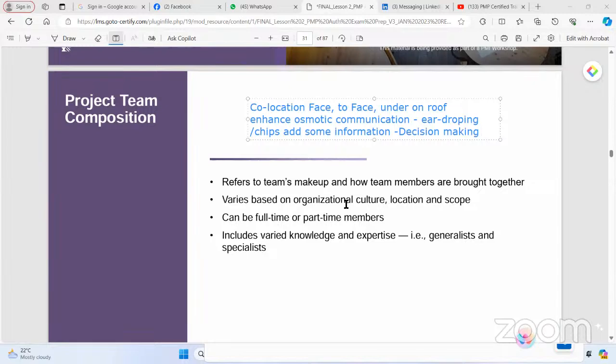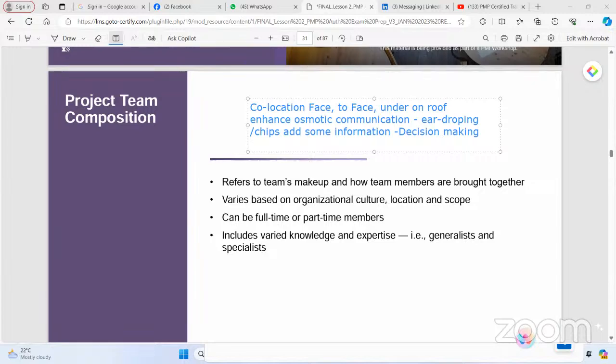Right. But not everyone works in one location. People are distributed between various locations, working remotely, working in the office.